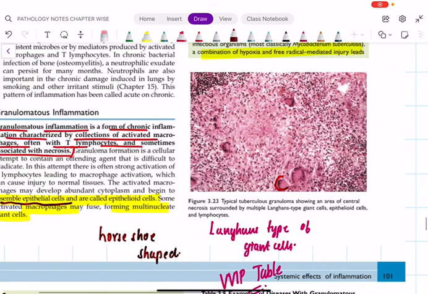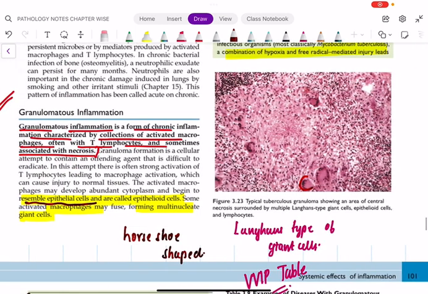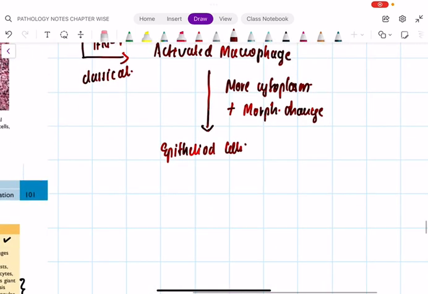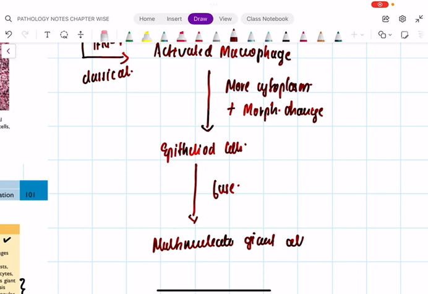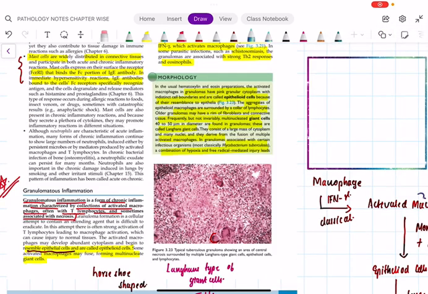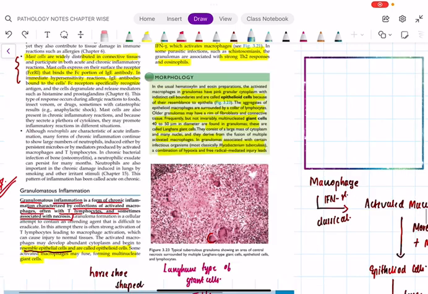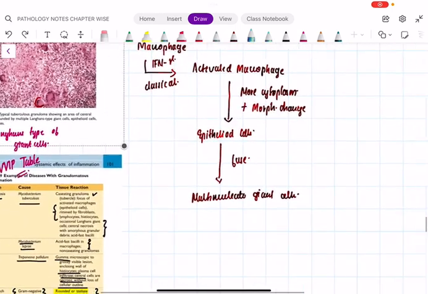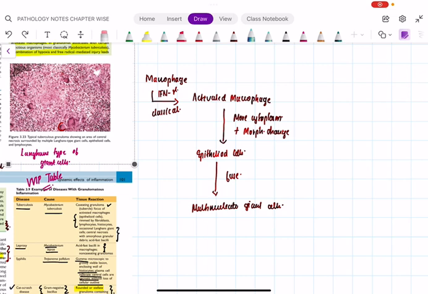And these epithelioid cells further fuse to form multinucleate giant cells. I hope things are very clear for you. Please remember this at any cost. There should not be any confusion.